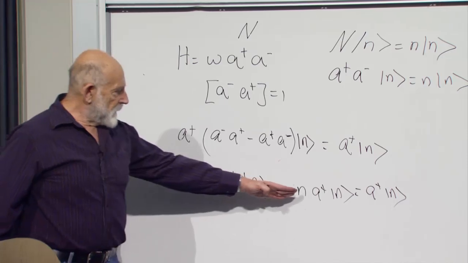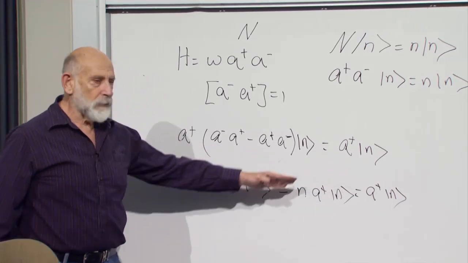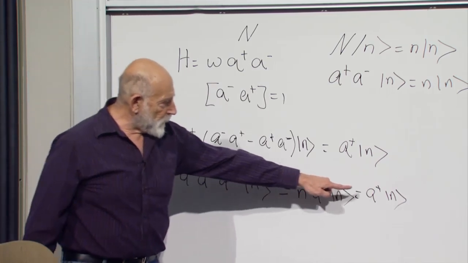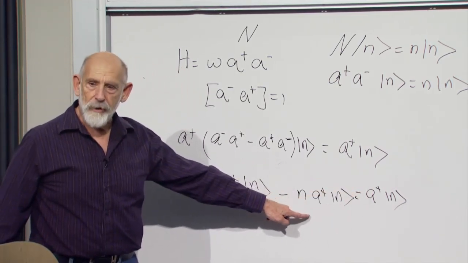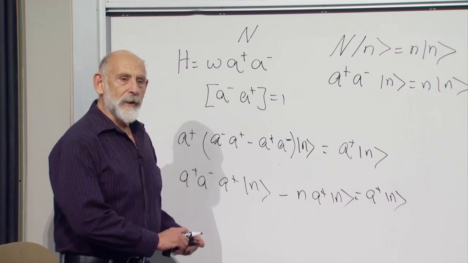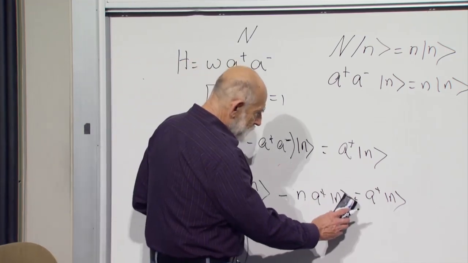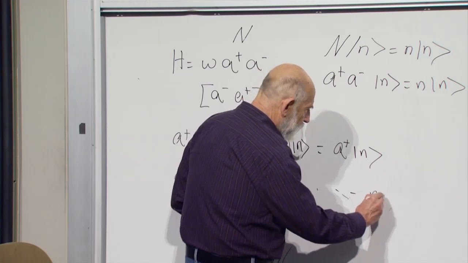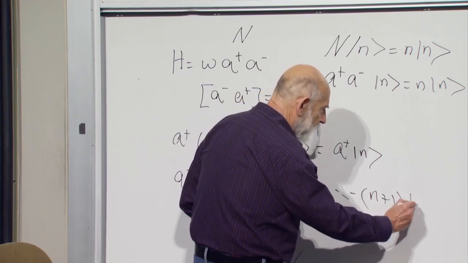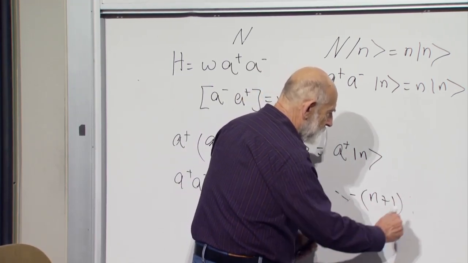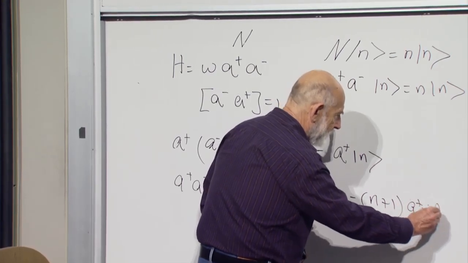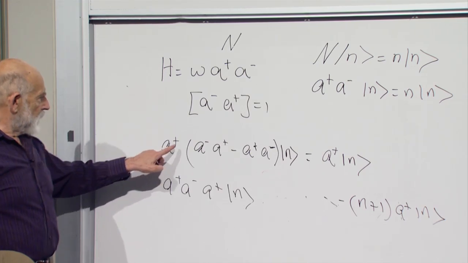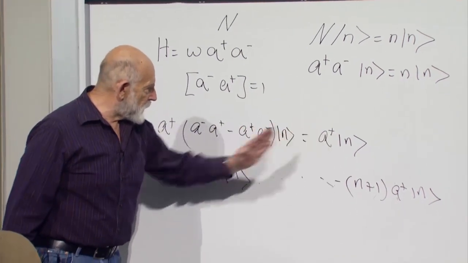Okay, let's shift this over to the right. What happens if I shift this over to the right? Here I have a plus times n, and here I have n times a plus times n. What do I get? N plus 1. Ooh, that's good. This one got shifted over to the right.